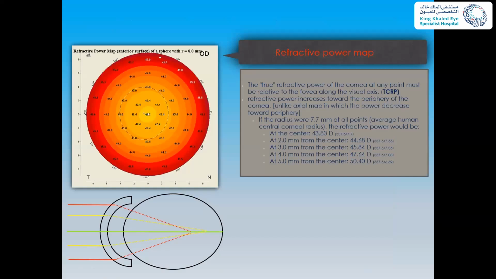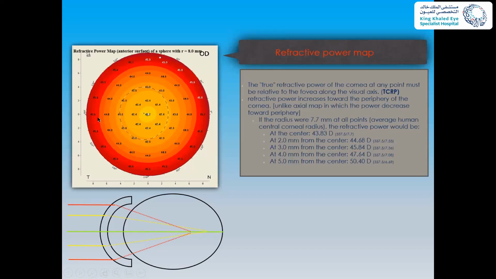Now, when you are looking at the maps, there is a tangential map, a sagittal or axial map, and a refractive power map. I just want to tell you about the refractive power map, although you must not be using it, certainly at this level. In this one, as it goes to the periphery, the power of the cornea increases.